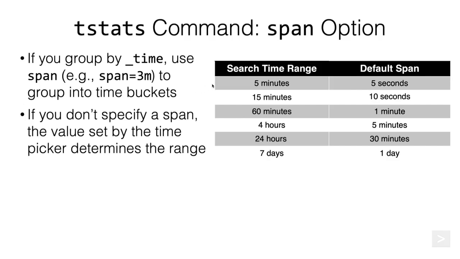If I don't specify a range, tstats will dynamically, like timechart, choose a dynamic time span. A 5-minute time range would be 5-second time spans, whereas a 24-hour time range we saw was a 30-minute time span, and a 7-day time range produced a 1-day time span. But as I demonstrated, you can overwrite that with the span option.